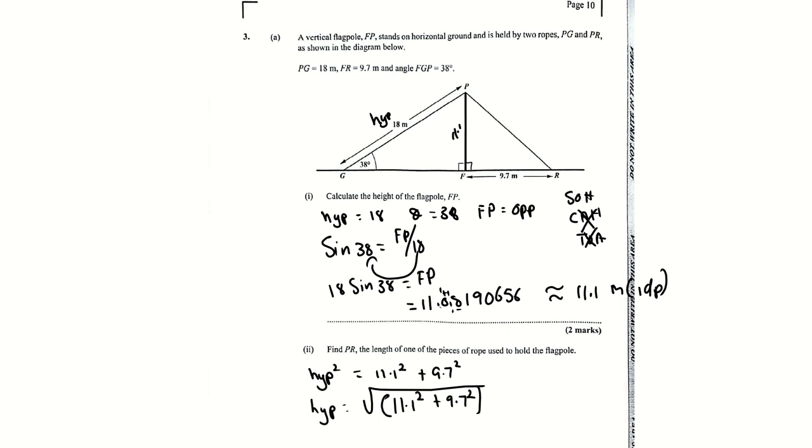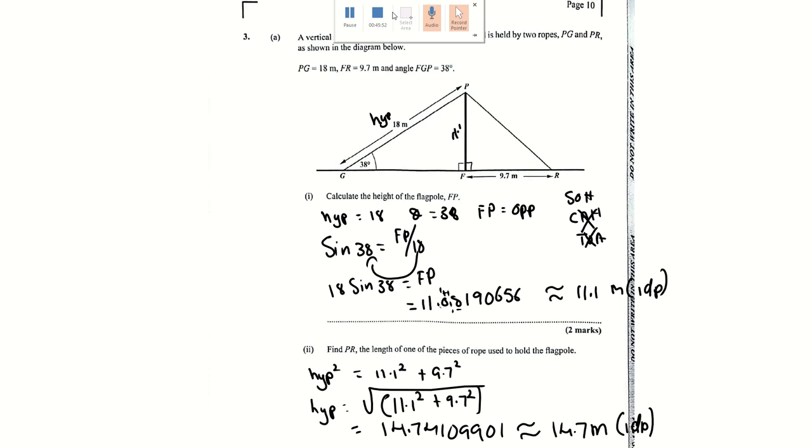Square root of open bracket 11.1 squared plus 9.7 squared close bracket, which is equal to 14.74109901, which is approximately 14.7 meters to 1 decimal place. Again, CSEC has a standard of 1 decimal place unless stated otherwise.